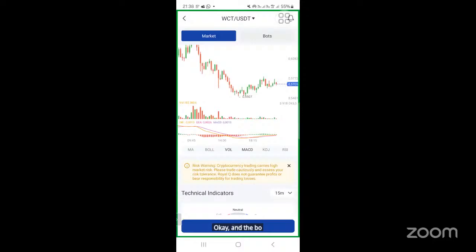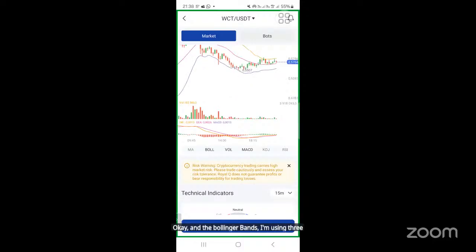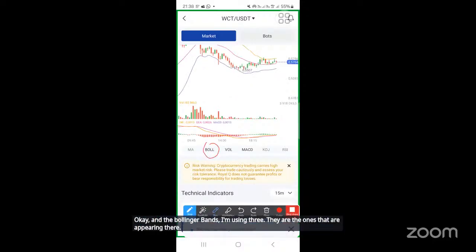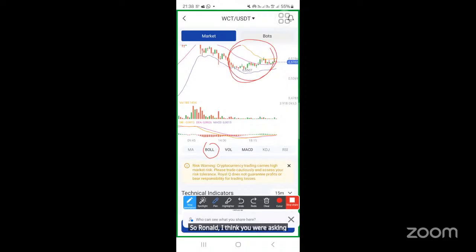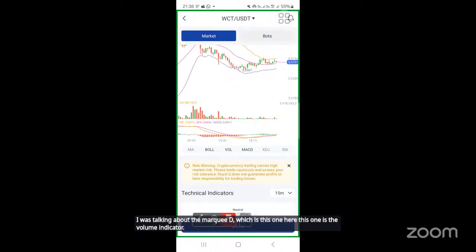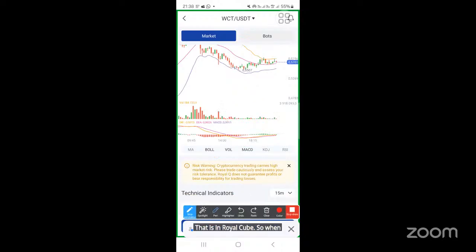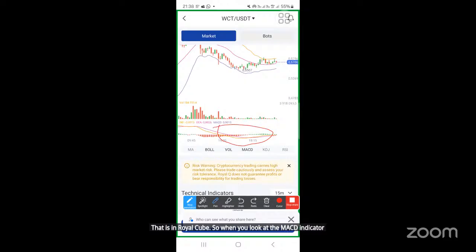I'm using three. So Ronald, I think you were asking me about these three. I was not talking about the Bollinger Bands. I was talking about the MACD, which is this one here. This one is the volume indicator that is in RoyalQ. So when you look at the MACD indicator, RoyalQ is using different colors.